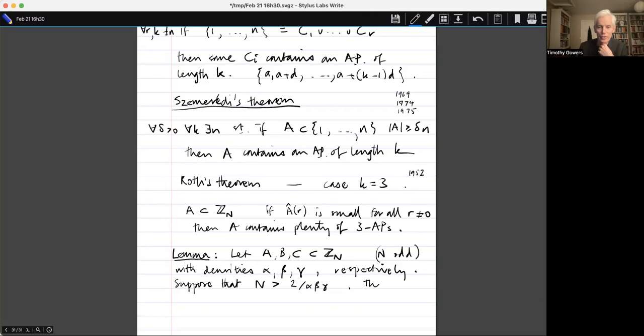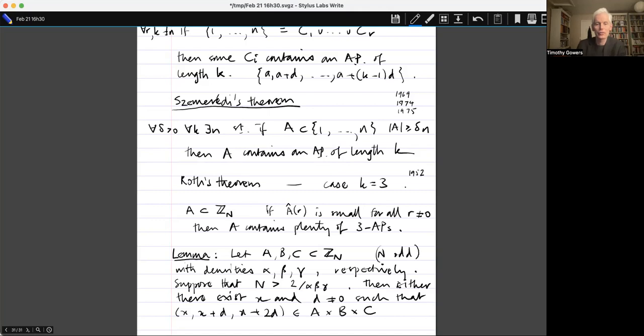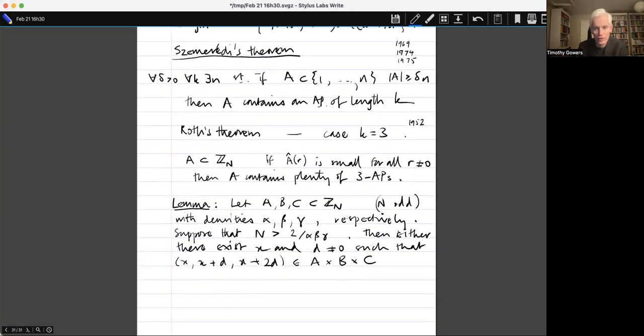Then either there exist x and a non-zero d such that x, x plus d, x plus 2d, a nice little progression of length 3, belongs to A cross B cross C. In other words, we've got an arithmetic progression of length 3 with the first element in A, the second element in B, and the third element in C. So this is why it's a slightly more general setup.